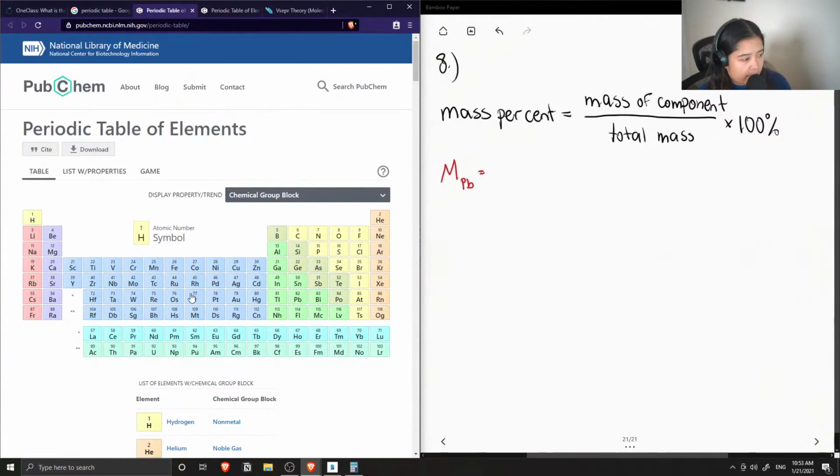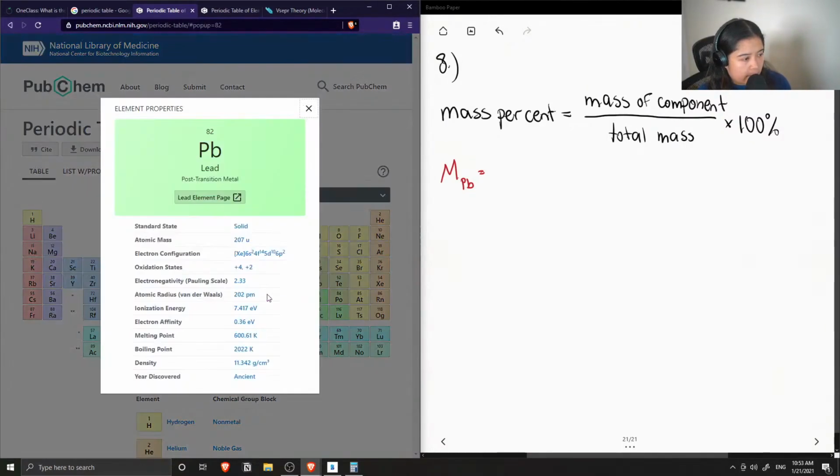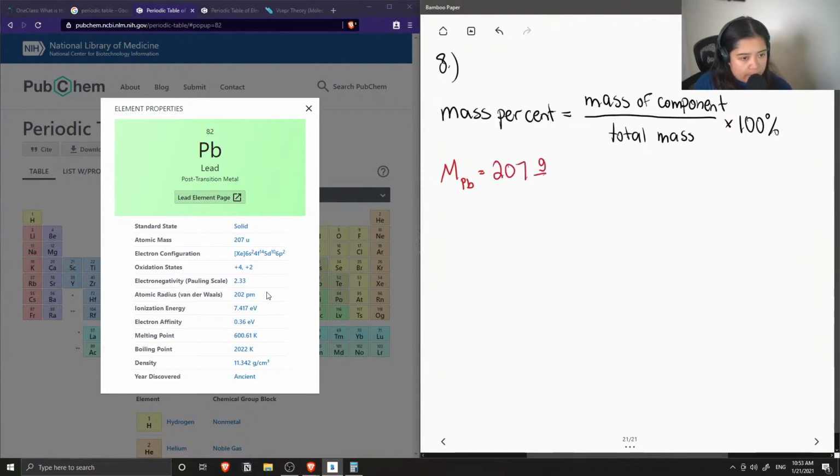Let's see what happens if I click on lead. There you go. So its atomic mass is 207, so we can just say 207 grams per mole.